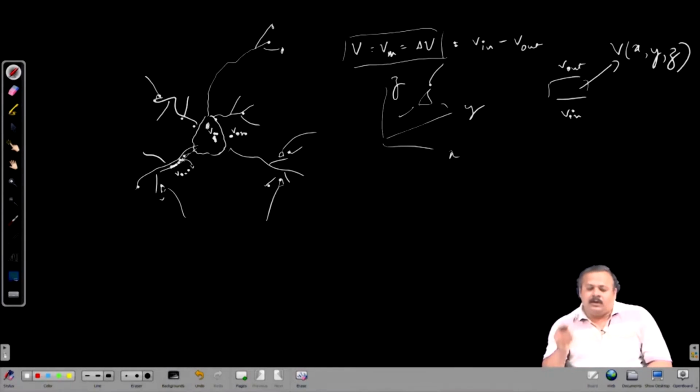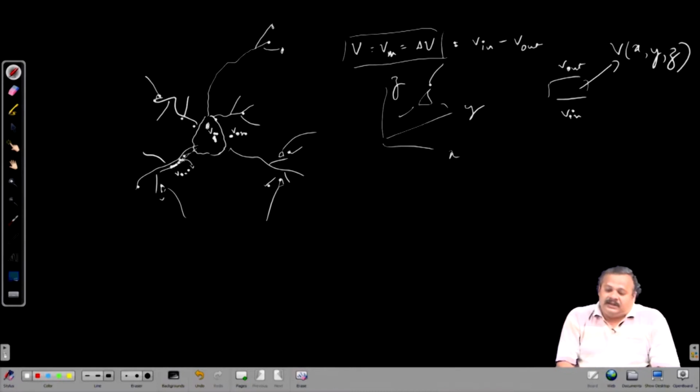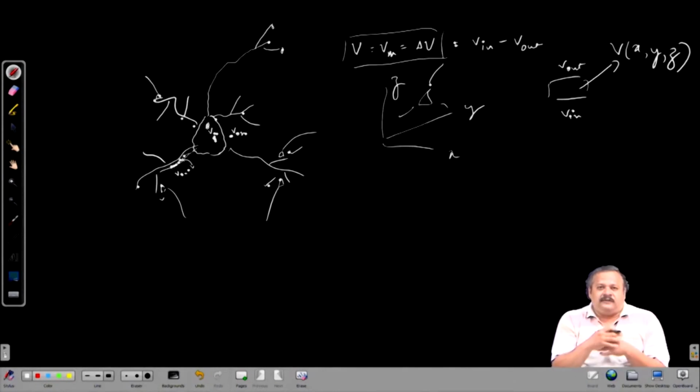That is going to be the actual value of voltage, and as x, y and z changes along the structure of the neuron, we will have different voltages.